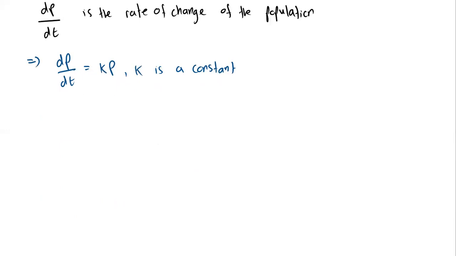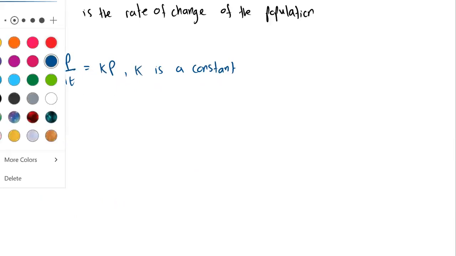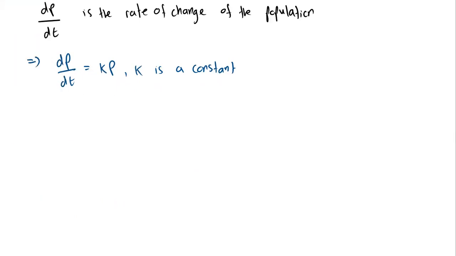Now, again, you have to be able to identify that if we're looking for solutions of this differential equation, solutions are going to be functions P that you can plug in, and they satisfy the equation, giving equality. That means the solutions for this are population functions. So in fact, we can model the population.